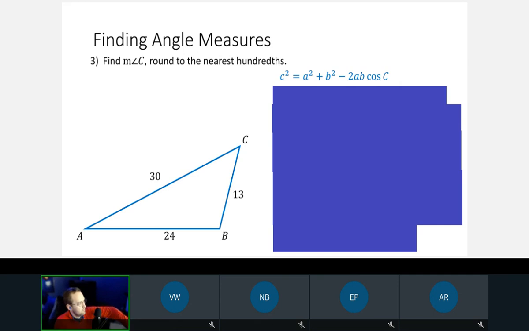This is our point of view here. Because we're trying to find this angle, I definitely want angle C here. In the law of cosines, you're only going to use one angle, and in this case it's the angle we're trying to solve for.